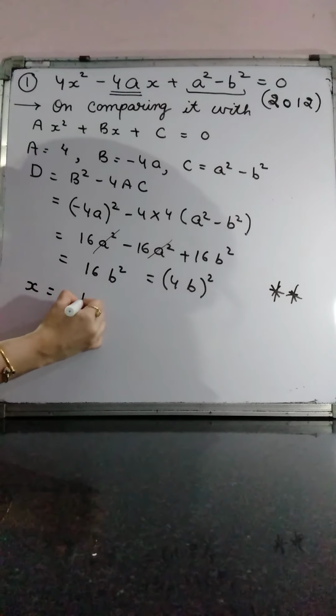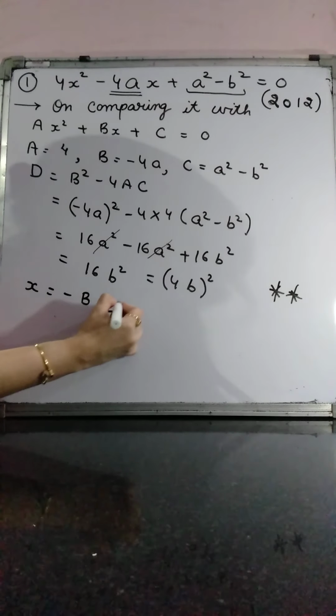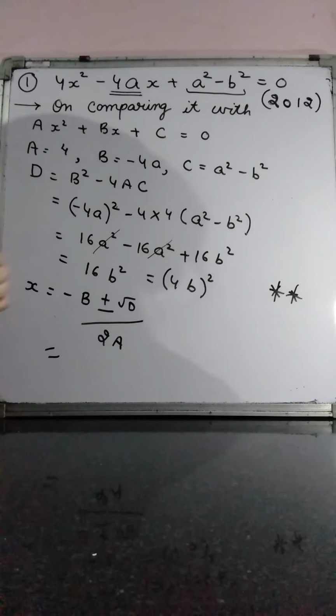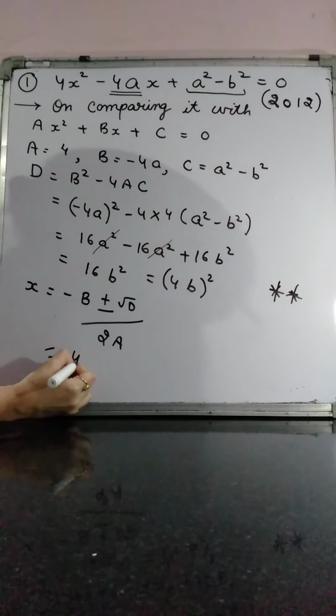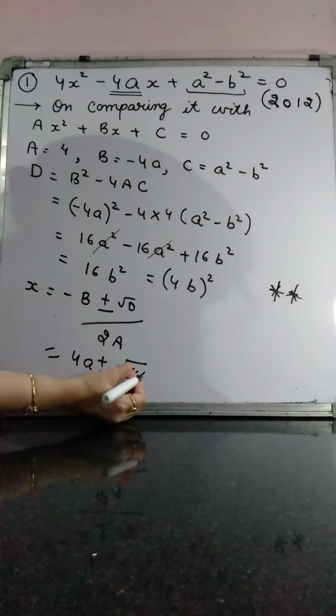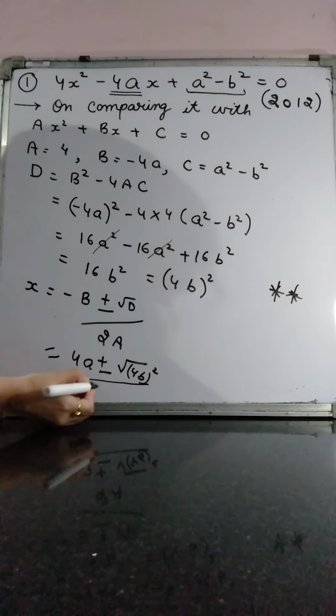Now apply the formula. x is equal to (−b ± √D) / 2a. Substitute the value of b, 4a, plus minus the value of D, that is (4b)², over twice of a.